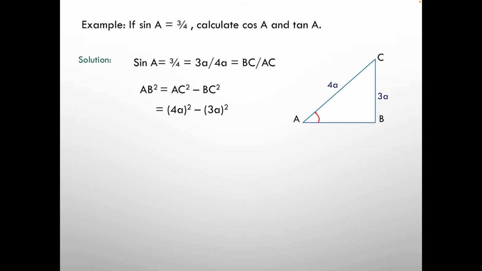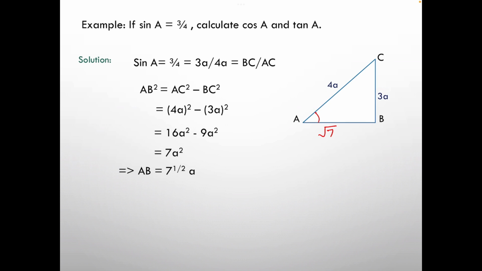Substituting, 4A square minus 3A square, that is 16A square minus 9A square, which gives 7A square. That is AB square, and I need only AB, so I take the square root. AB is equal to root 7 A. Since A is the constant I took, the value of AB is root 7.